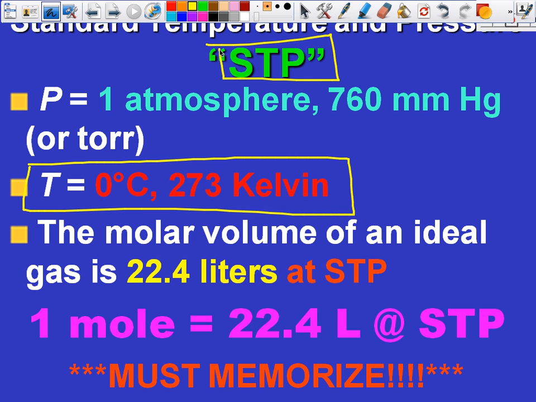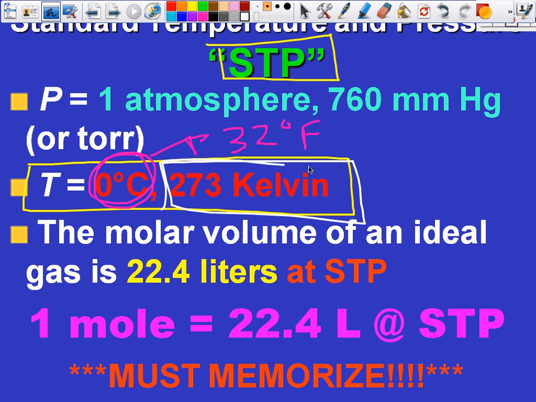STP, standard temperature and pressure, has a temperature of 0 Celsius or 273 Kelvin. Now, the fact is, the reason I keep throwing in this 0 Celsius is because you understand how cold that is. You know that that's 32 degrees Fahrenheit. You know that that's freezing. But we also know that anytime we do a calculation or conversion, we must always be in Kelvin. So that's really the number you need to memorize, okay?